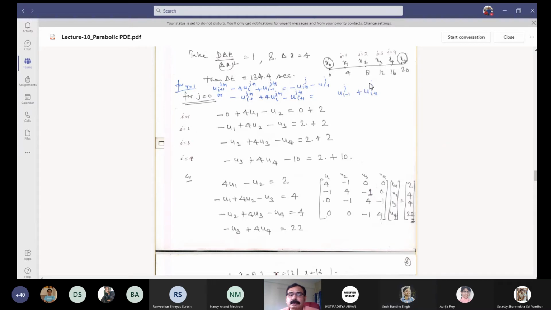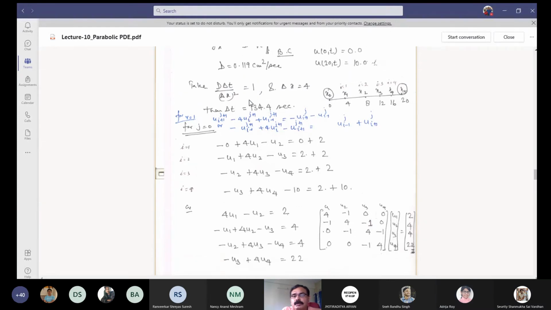Now i equal to 1 means what? u0. u0 means it is a boundary condition, the first boundary condition. That is your 0. So it is minus 0.